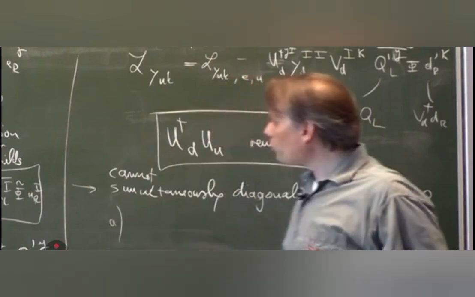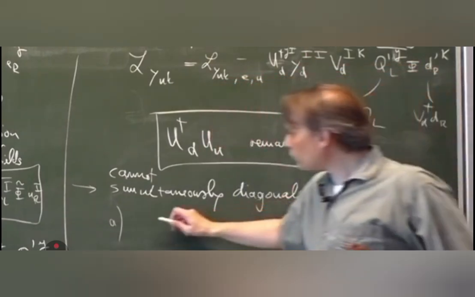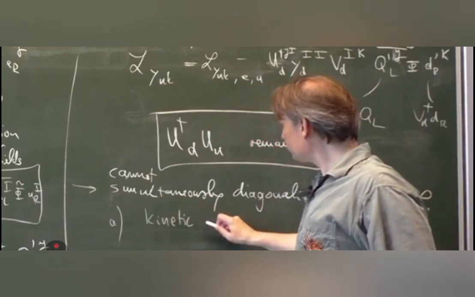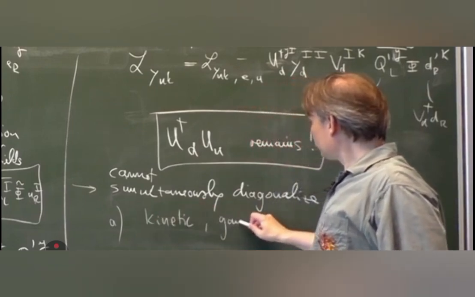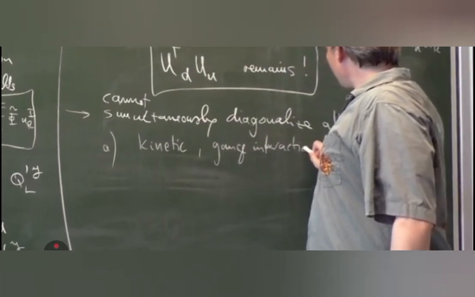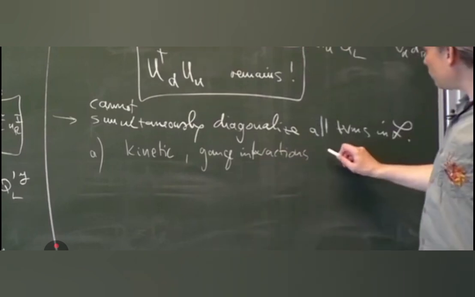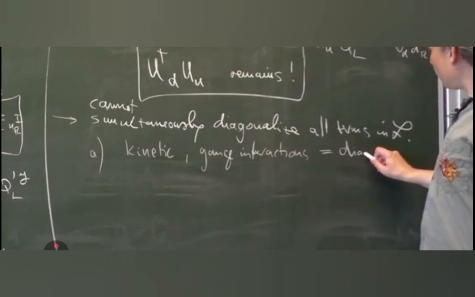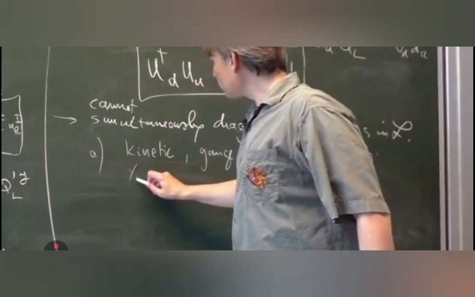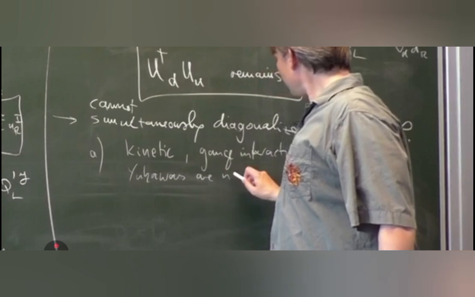The option A that we have chosen so far is that the kinetic terms are diagonal. The kinetic terms contain the covariant derivatives and therefore the interactions with the gauge bosons. They are diagonal in our current approach, and the Yukawas are non-diagonal.